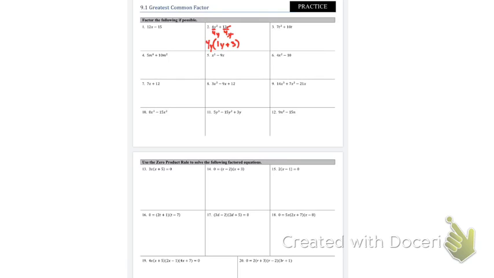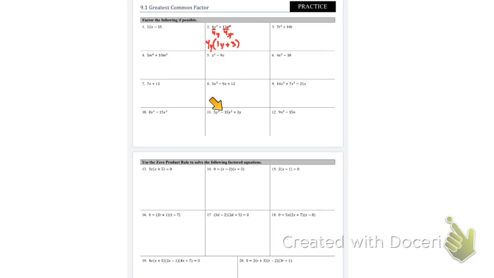Let's skip down to number 11. So let's go a little faster. If you notice, I'm going to have a GCF of 3, possibly 3. But if you look, 3 cannot divide 5. So if you look at the numbers, there is no number GCF.